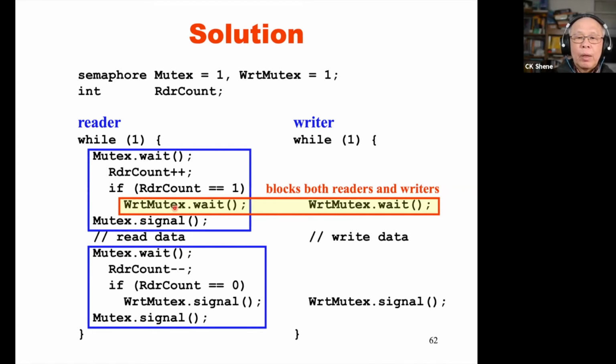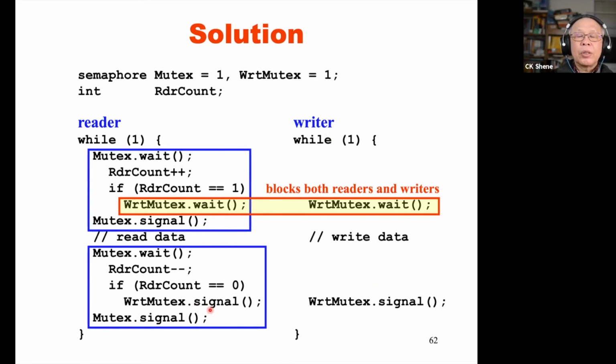So if I am the first one, I wait until I am released by this write mutex signal call by the writer, or this write mutex signal call by the last reader. But which one?